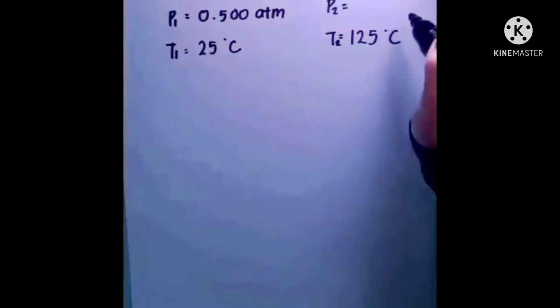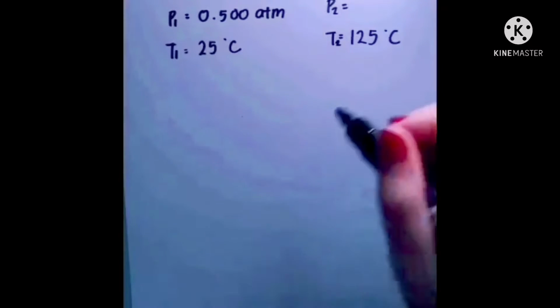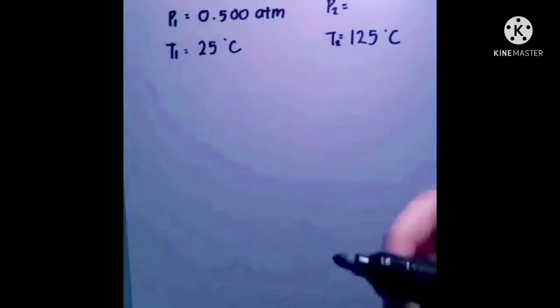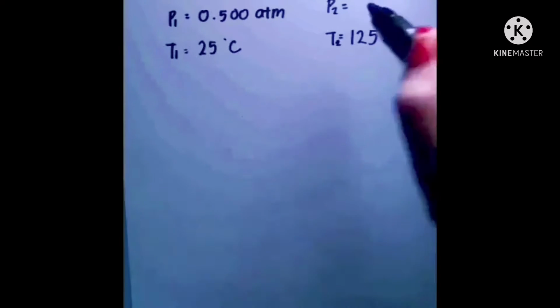And since we don't have a pressure, we're going to leave that blank. And 125 Celsius is our final temperature, so we're going to put that into T2. So now, what are we missing? So of course, we are missing P2, our final pressure.